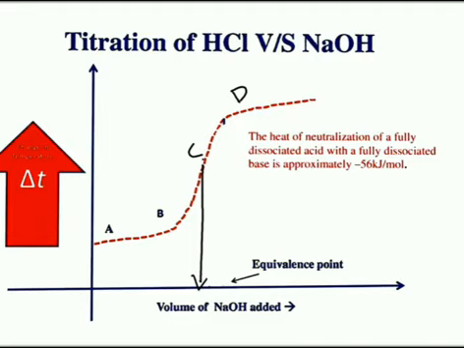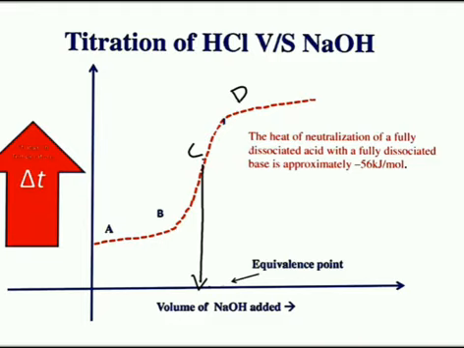By using this endpoint, we can calculate the volume of sodium hydroxide from this plot. From the volume of NaOH needed to neutralize the hydrochloric acid, we can calculate the concentration of the hydrochloric acid.